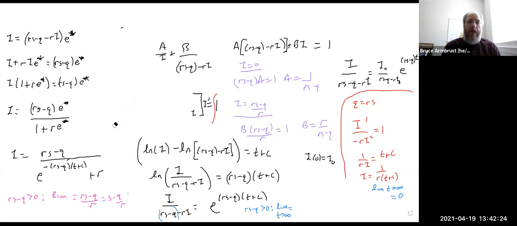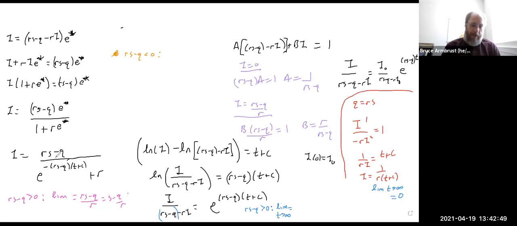If we go and look at the other possibility, let's do that up here. Let's look at RS minus Q less than 0. So if that's negative, negative is a positive. So we get e to the positive infinity, which makes that denominator infinite.